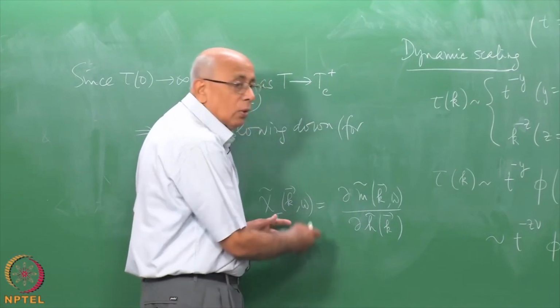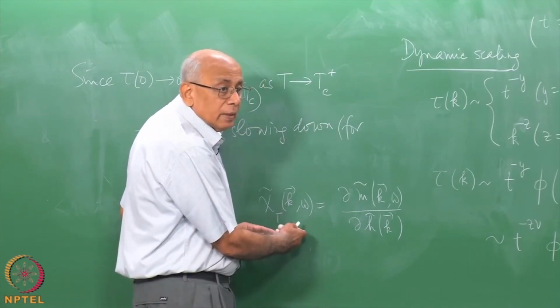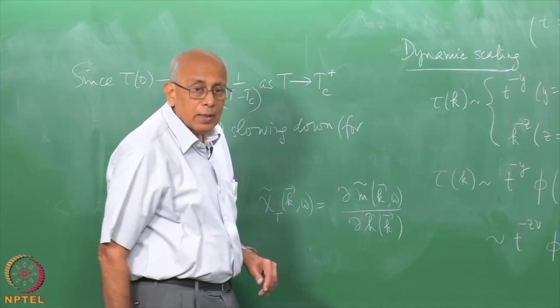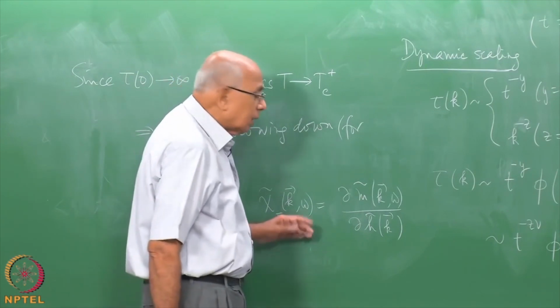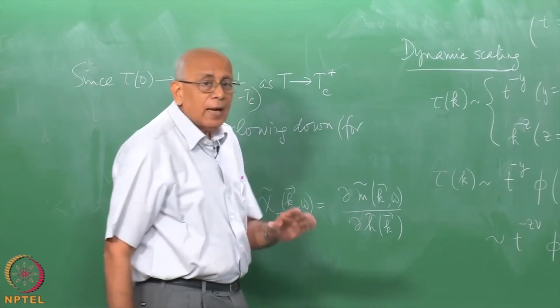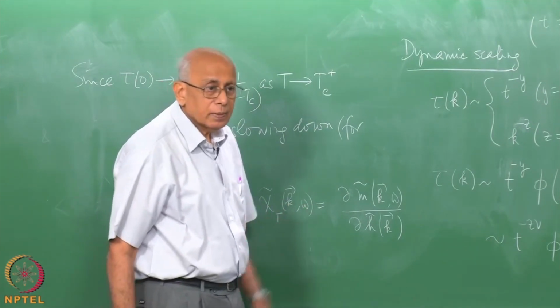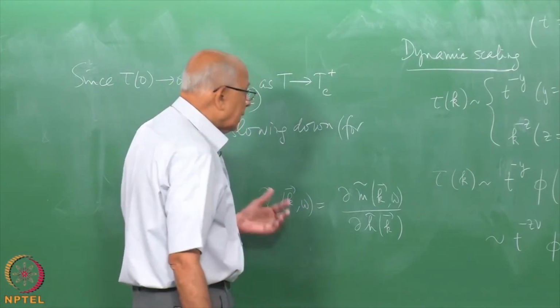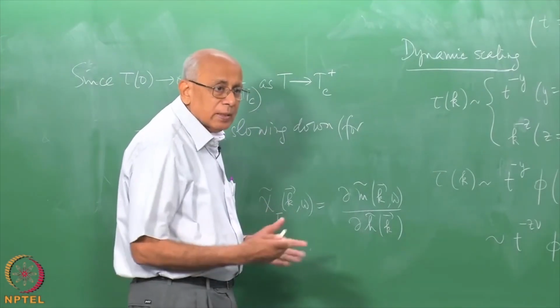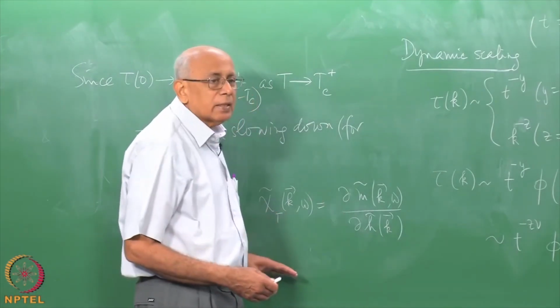So, we can now write, and we know that there is an exponent gamma, a divergence near t equal to 0 for the static susceptibility. Once again we can make a statement about the dynamic susceptibility, a generalized scaling hypothesis.